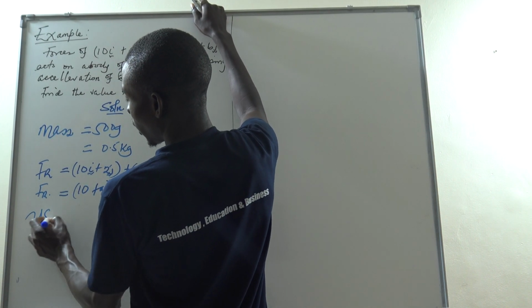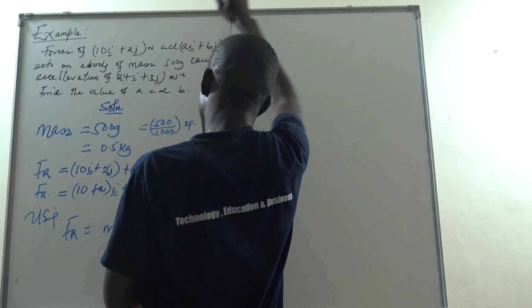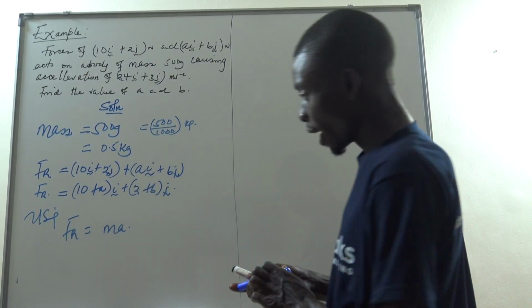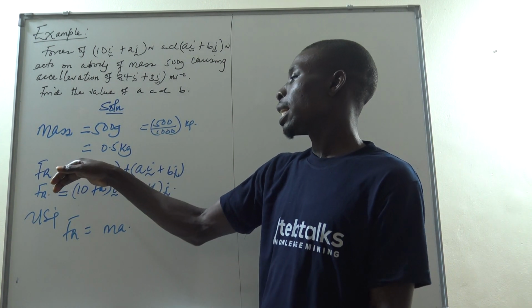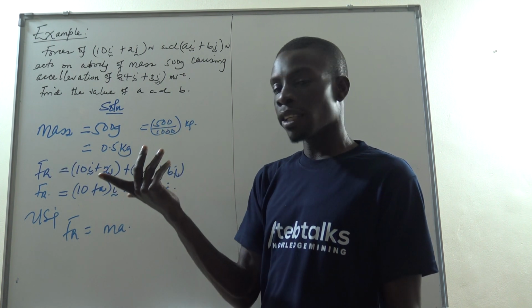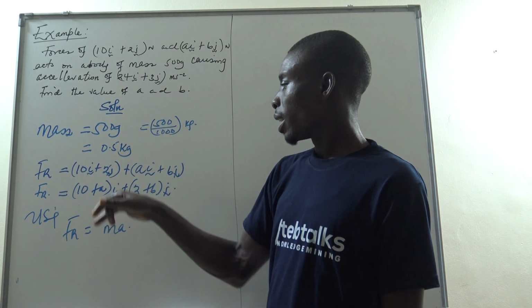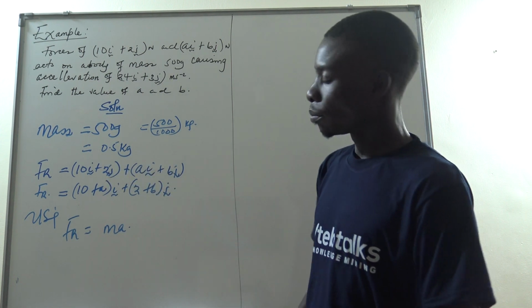So we can use resultant force equals m times a. Here I added the terms with the i on them. Here there is i, here there is i. I add them together and give them one single i. And then j, I add them together and give them j.